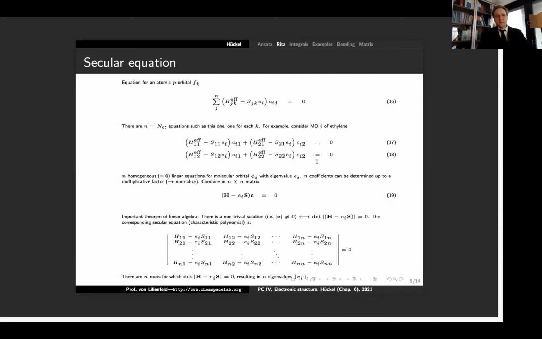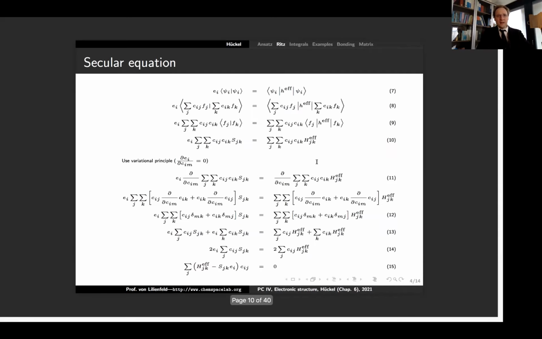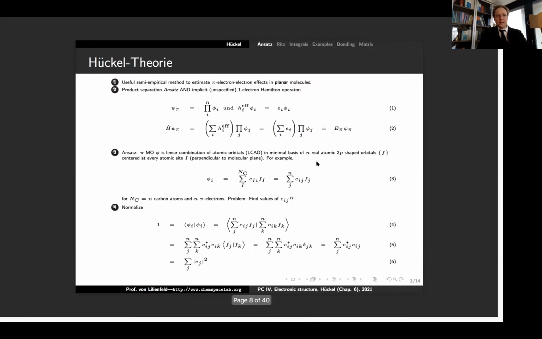Now, just to recapitulate, we presumed that here in equation 1 our wave function can follow a product ansatz, and this product ansatz is done in terms of molecular orbitals, right?